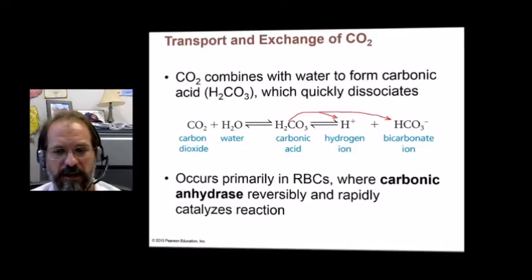So carbonic acid is a weak acid. So H2CO3, and I'll just put WA for weak acid. Its conjugate base is this guy, what's left over. When I give off a hydrogen ion, I wind up generating a negative ion. That's a base. This is the Bronsted-Lowry definition of a base because it can be a proton acceptor.